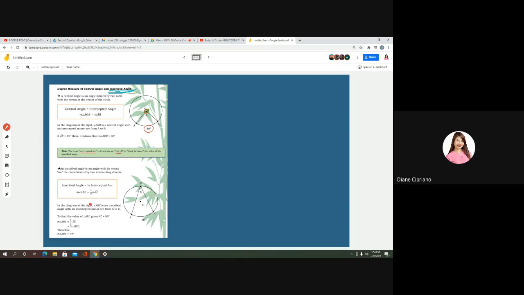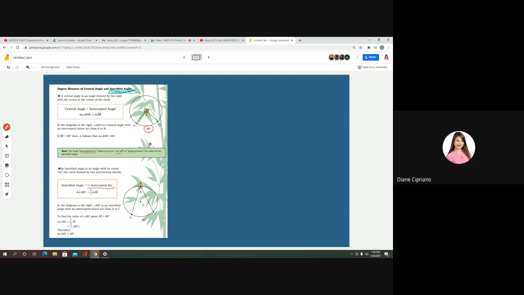Ang difference nila ng central at ng inscribed angle, ang central angle na touch at ang vertex niya ay on the central point. On the inscribed angle, ang vertex niya ay nasa edge ng circle. Inscribed angle, the formula would be 1/2 of the intercepted arc.